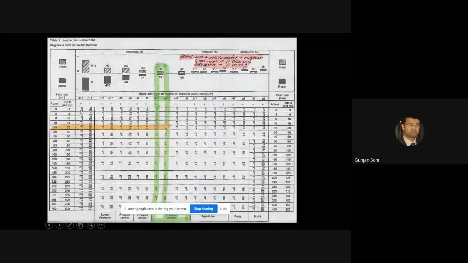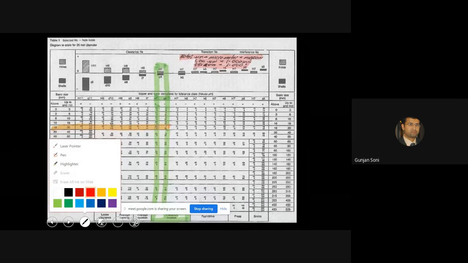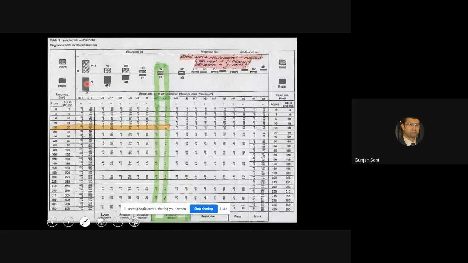And now you see that as you move from left to right here, the shaft's tolerance zone is below the basic size of the hole.